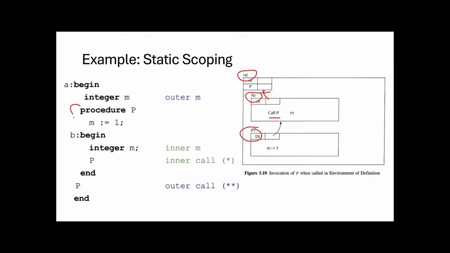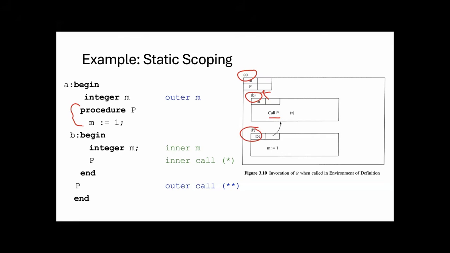P was initially defined and declared inside the block A, so it is going to use things from the environment of its own definition. It is not dependent upon where it is called. Where it is called does not make a difference regarding which names and which environment it is going to use. That is the difference between static scoping and dynamic scoping.